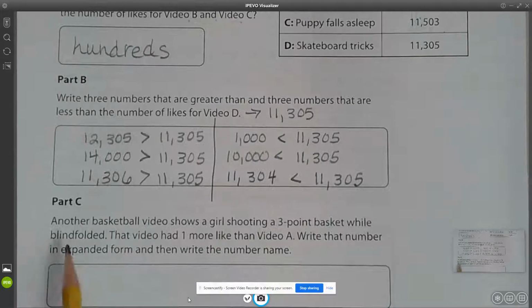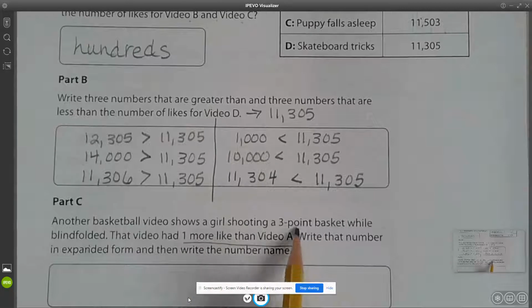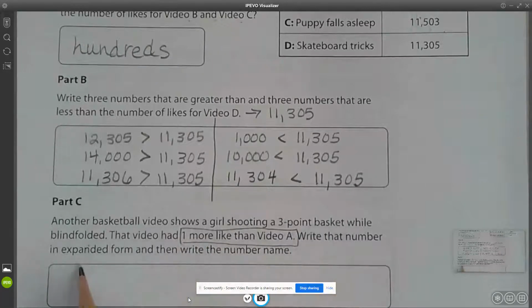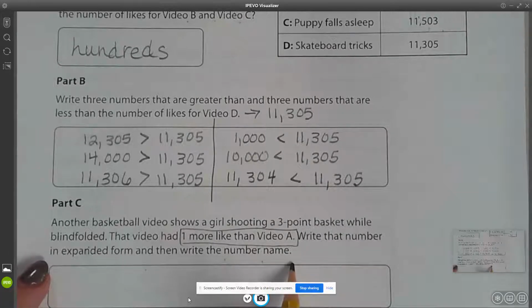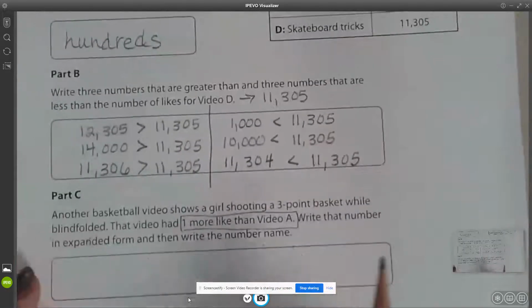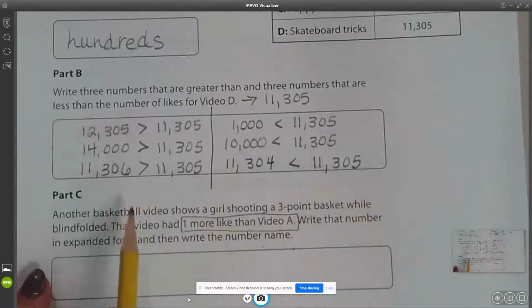Okay, part C. Another basketball video shows a girl shooting a 3-point basket while blindfolded. That video had 1 more like than video A. Write that number in expanded form and then write the number name. So I've got to figure out how many likes this basketball video got, then write it in expanded form, and then write the number name.